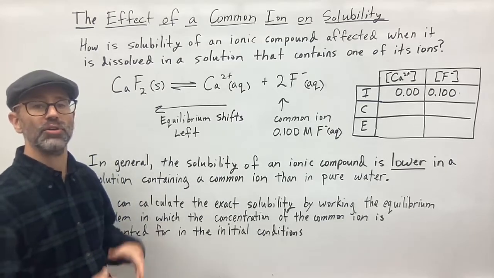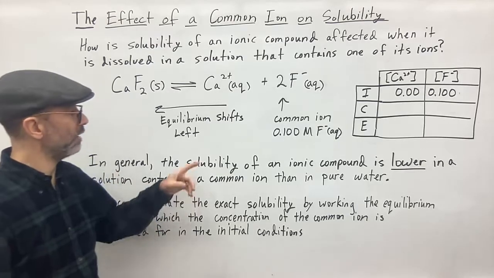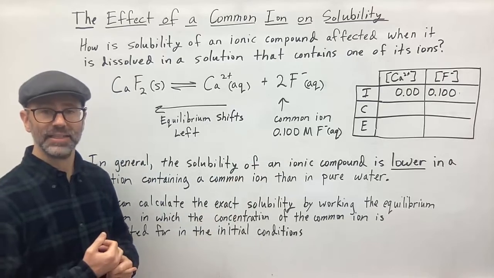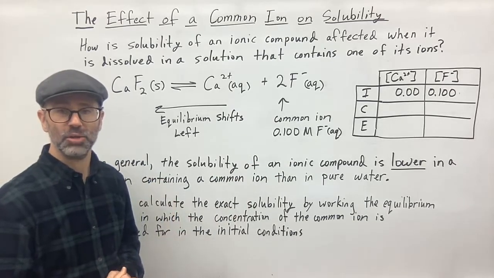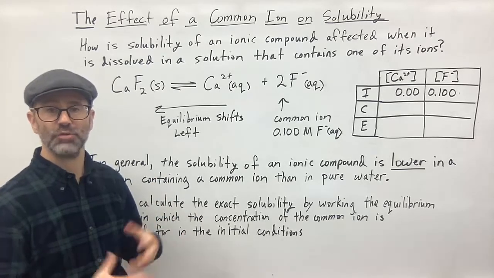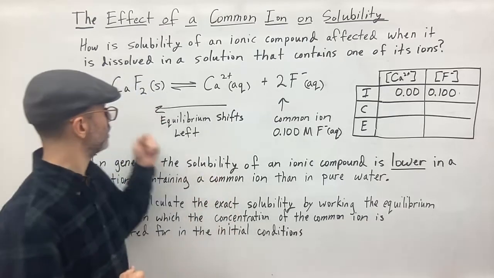When you put in the initial conditions, you've got to put in whatever the amount is of your common ion. You take that into consideration, then calculate the solubility, solving for your change and for the solubility of the salt.